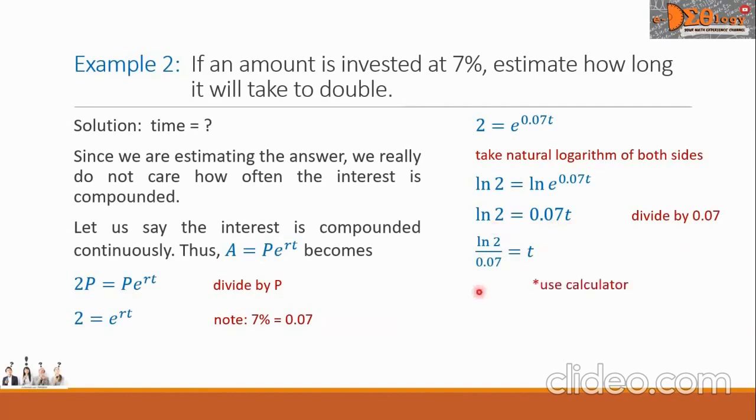Using our calculator, the value of t can be derived, and it is equal to 9.902. We can round off our answer and we can write 10. And the time here is in terms of years. It means to say, for an amount that is invested at 7%, it will take about 10 years to make it double. This is our final answer.